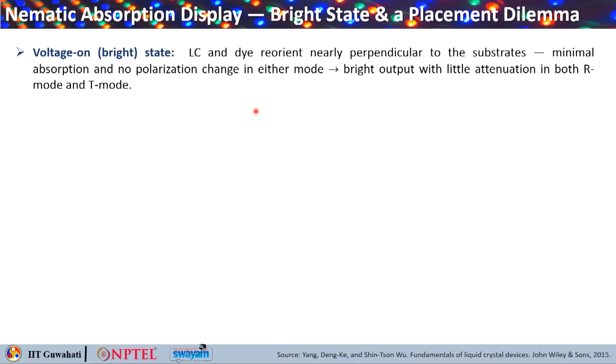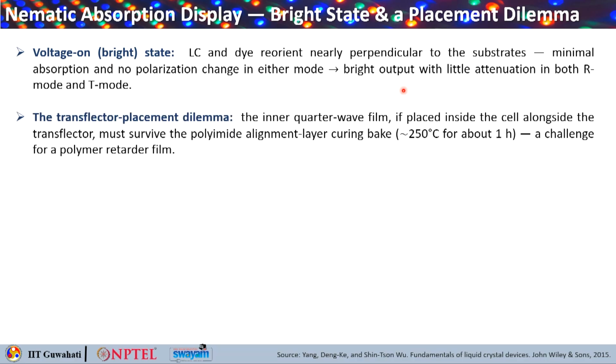Now what happens in the on state? In the bright state, the liquid crystal and the dye reorient nearly perpendicular to the substrate. In that case, minimal absorption will happen and there is no polarization change in either mode. So what you get is a bright output with very little attenuation in both R and L modes.